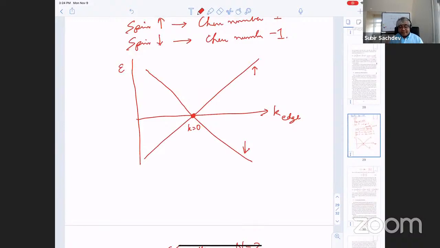Now, when you take the full crystal into account to figure out this Z2 invariant, you realize that there are other momenta, and this is what was pointed out by Fu and Kane. No, it was already in the Kane-Mele paper. There are other momenta which are time reversal invariant on a lattice.